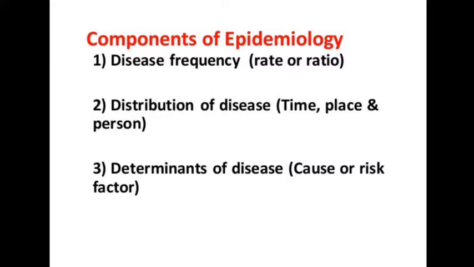The second one is distribution of disease, that is time, place, and person. Third one is determinants of disease, that is, cause or risk factors.